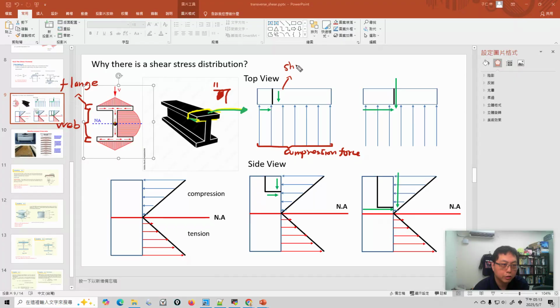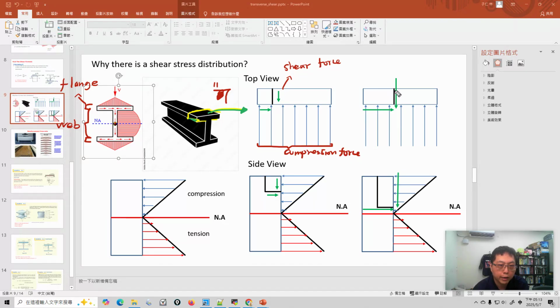You must have shear force. From this element's perspective, this force is called shear force. This shear force must be generated to resist the compression force to reach rigid body equilibrium. That's this position. Now let's look at when we move to the center part of the flange.